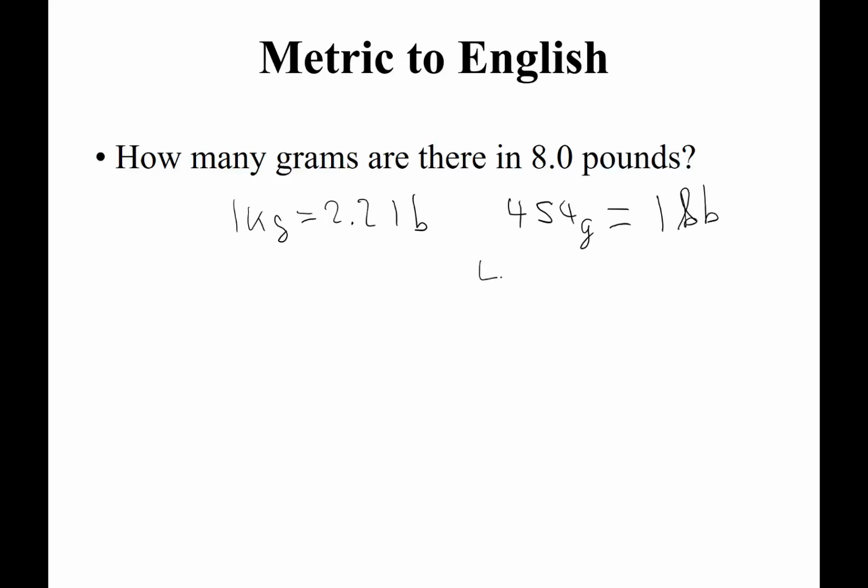Okay, so there are actually 453.592 grams in 1 pound, and you can probably find it even more accurately if you Google that or look in the book. Now we will use just as many significant figures as possible.